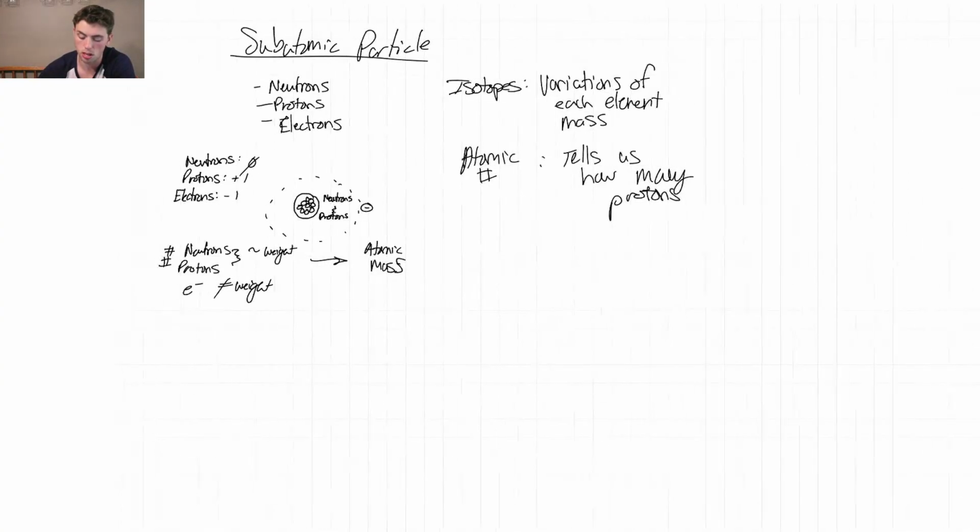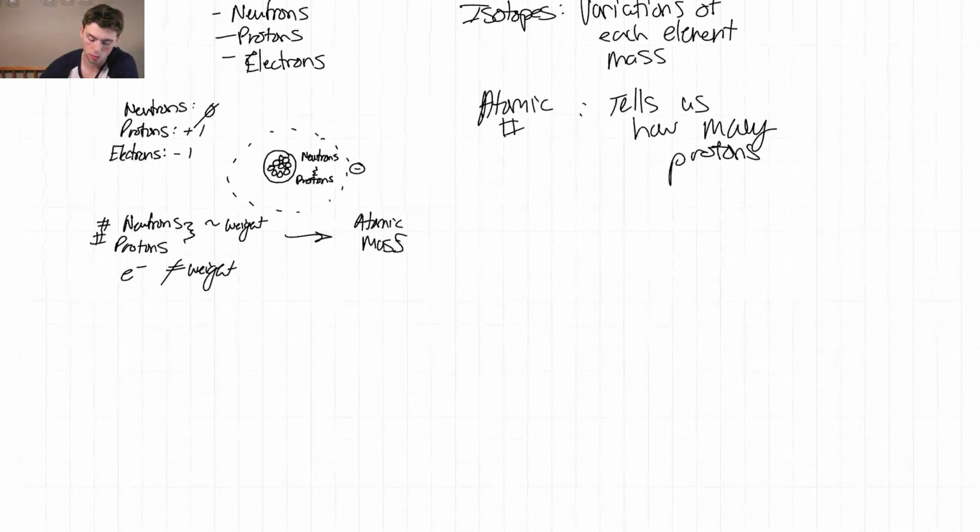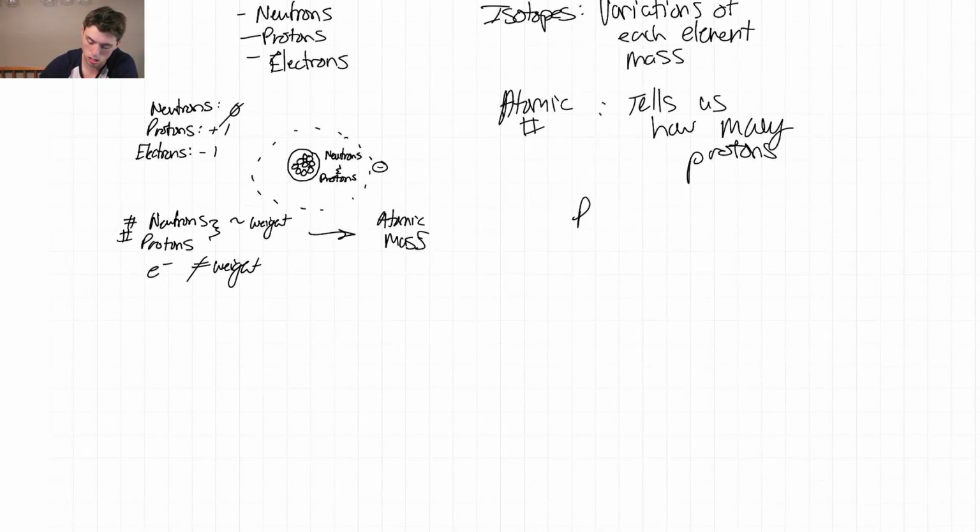Now, because atoms usually have a neutral charge, they will have an equal amount of electrons. Because we do not want our normal, basic carbon atom to have a positive charge all over the place, we need to even those out. So the proportion of protons to electrons in a neutral atom is equal.